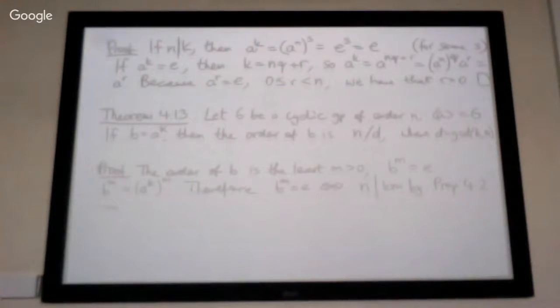And so this is if and only if n over d is a divisor of km over d. These are both integers because d is the greatest common divisor of k and n. d divides k and d divides n.